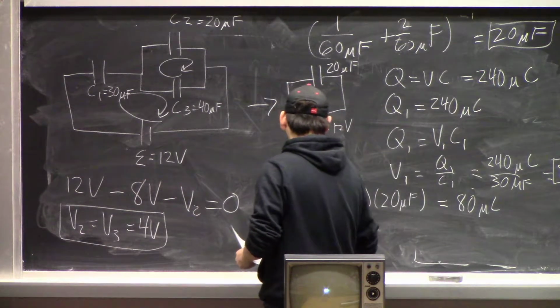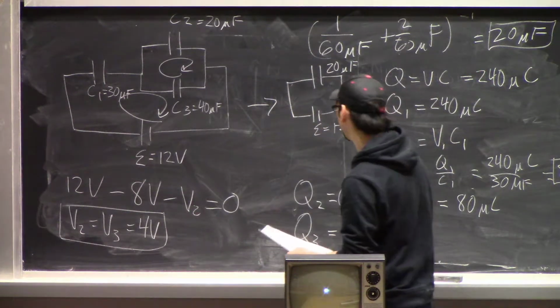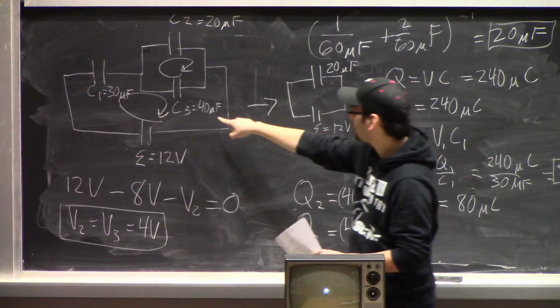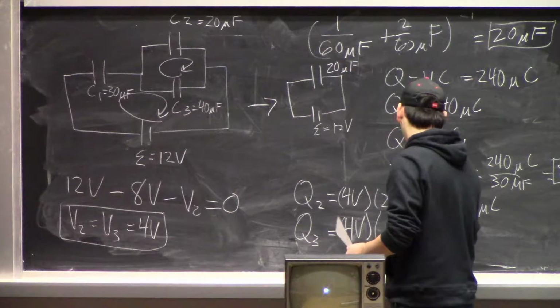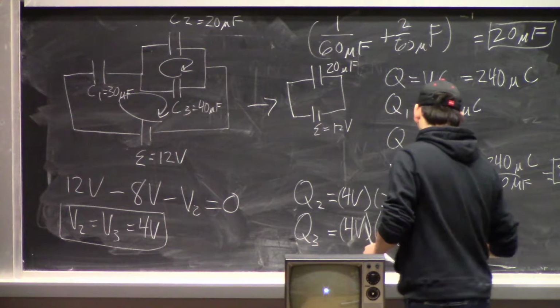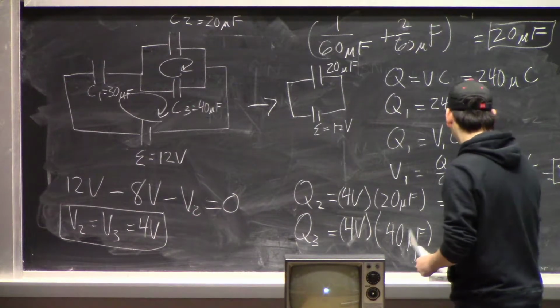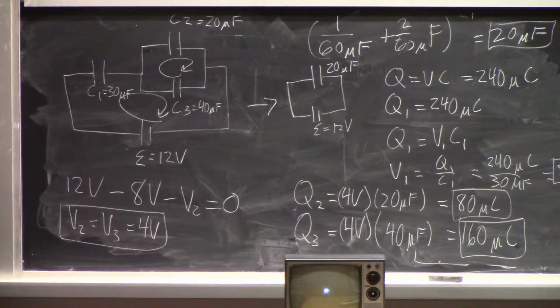And Q3 is going to be equal to the same 4 volts times the capacitance C3, which is 40 microfarads. And so this is equal to 160 microcoulombs. Okay, and that's it. Any questions about this one?